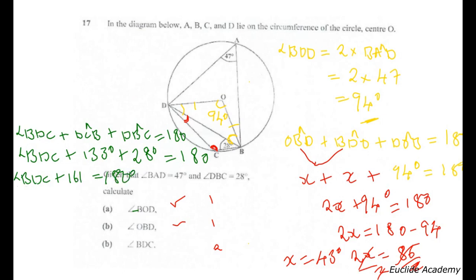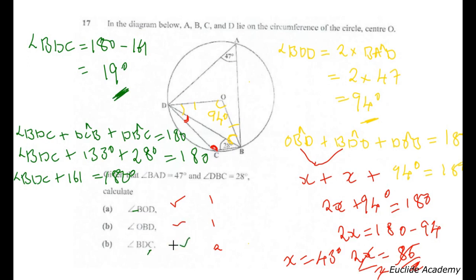So angle BDC will be 180 degrees minus 161, the total angle of DCB plus DBC. So we get angle BDC to be 19 degrees. So angle BDC, this one right here, is 90 degrees.